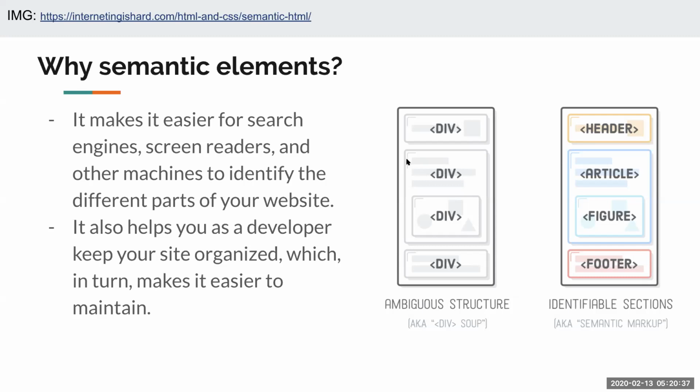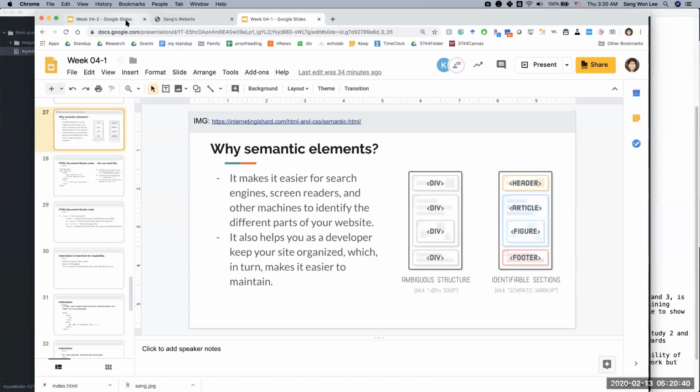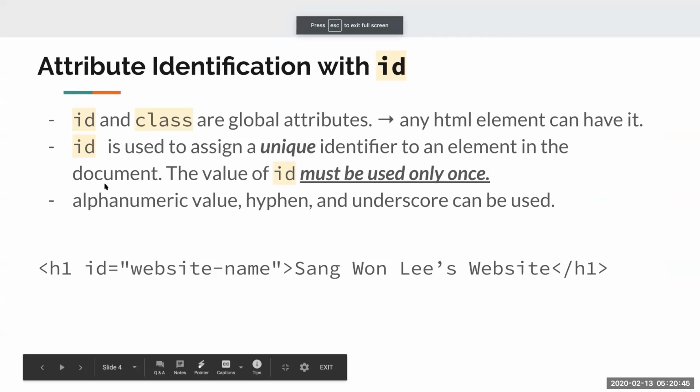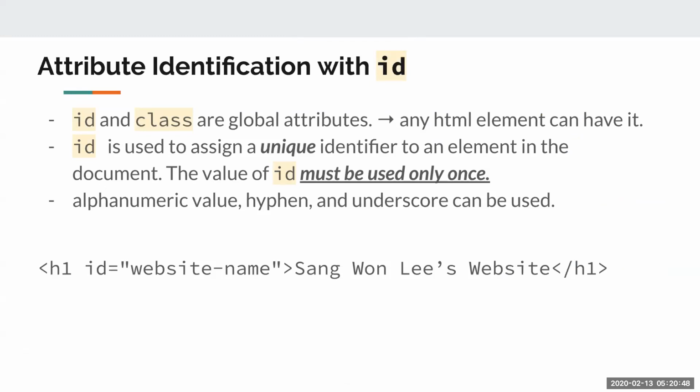We're going to learn about two very important attributes that we should know. The first one is ID. An attribute is something that can be included in HTML syntax, and one HTML element can have more than one attribute. This particular attribute, ID, identifies an element. It says ID is used to assign a unique identifier to an element in the document.